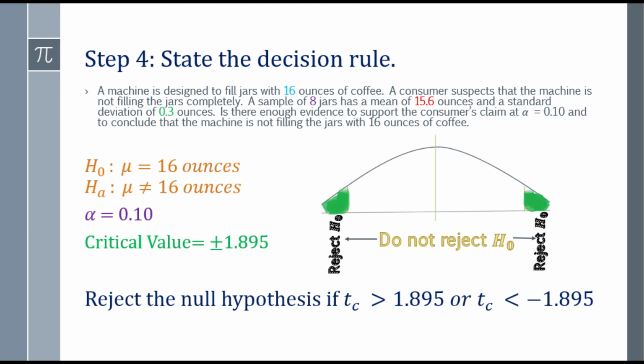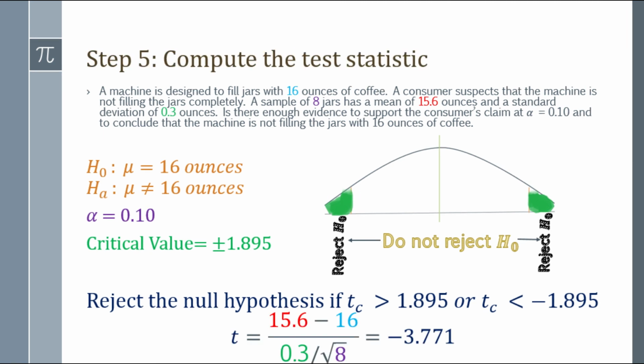Step 4, state the decision rule. Okay, pag dito naman, we have to reject the null hypothesis kapag ang value ng t ay greater than sa 1.895 or ito ay less than sa negative 1.895. So step 5, you have to find the value of t.